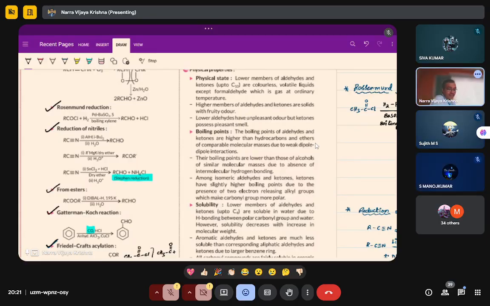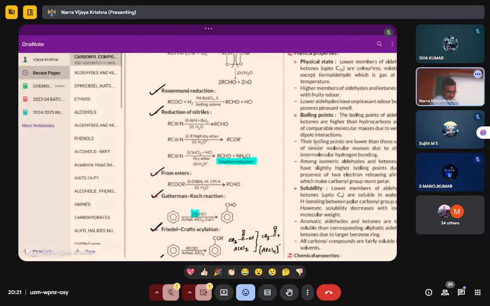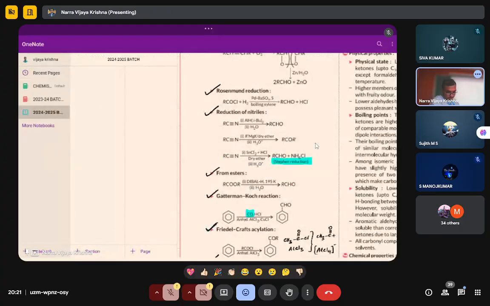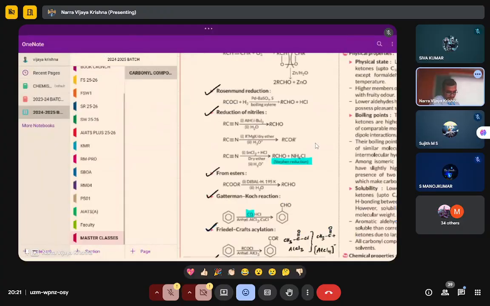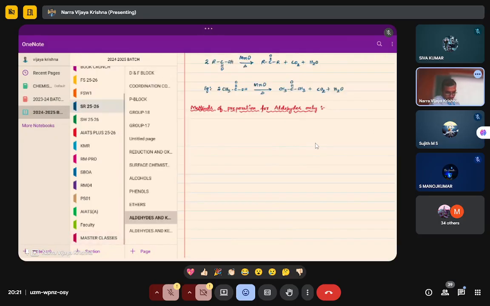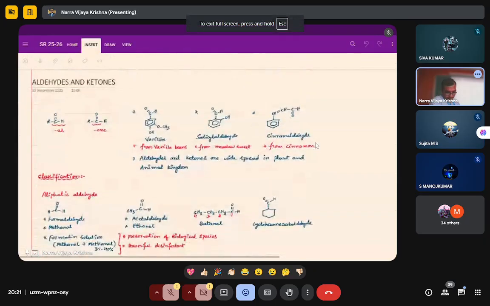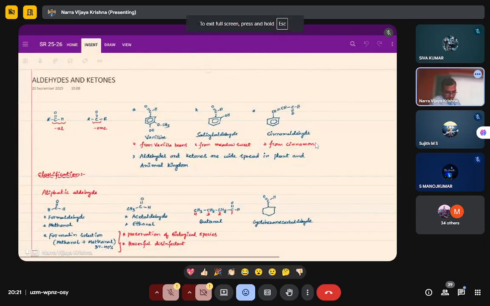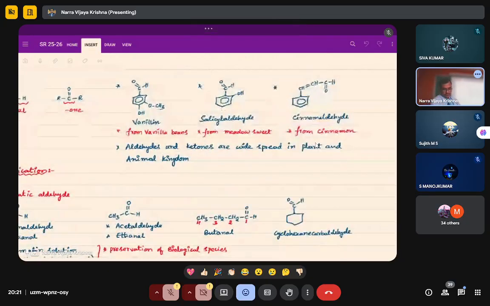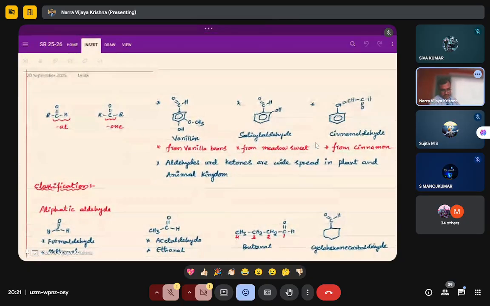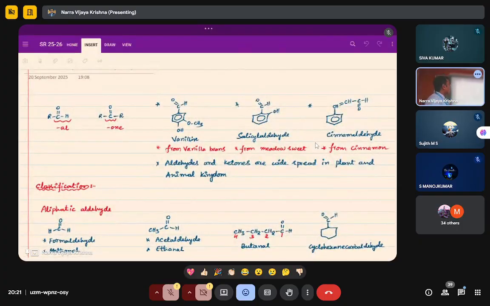Vanilla. See that one? From vanilla beans, you have the aldehyde group, right?